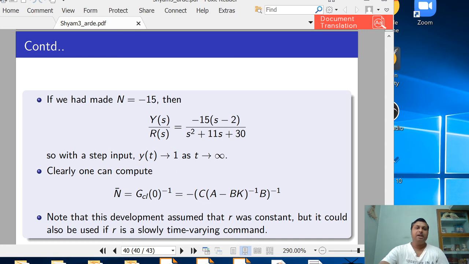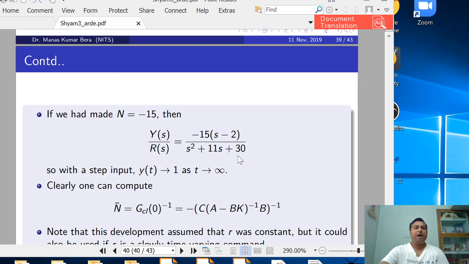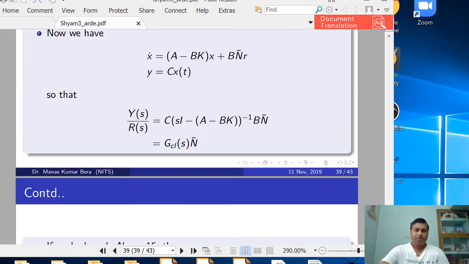It means that for the step input, the output settles at 1 as t tends to infinity. Now the question is, in general, how will we calculate this N bar? From this equation it is very clear, because for the ideal case Y(s) by R(s) will be equal to 1, and C into (sI minus A plus BK) inverse B into N bar will be equal to 1 when s tends to 0.